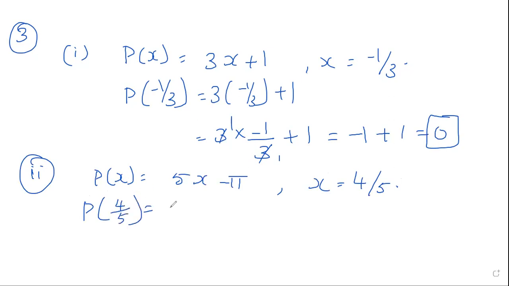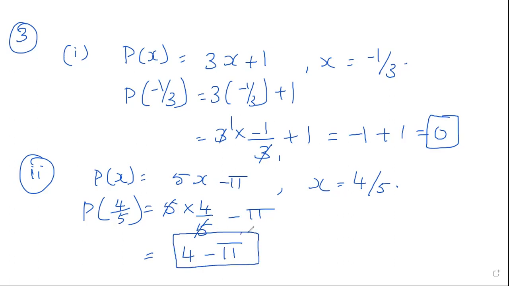I am writing 4 by 5. 5 into 4 by 5 minus pi, you have to write like that. Now what to do? 5 and 5 get cancelled. What is remaining here? 4 minus pi. Okay, so this is your answer.